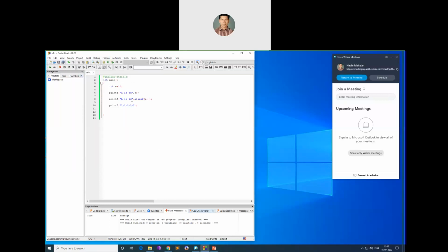Okay, I'll type it properly. A's value is 10, and in a new line, A's size is this one.